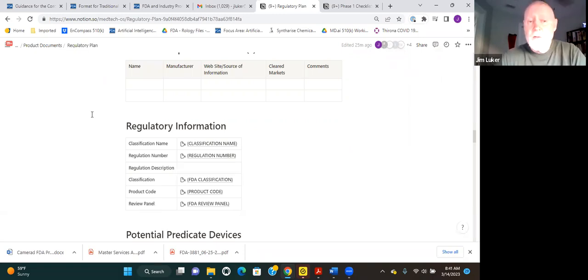So classification name is the regulatory classification, a picture archiving and communication system, or just the name that the regulation would have. There's a number associated with it. FDA has categorized devices into quite a few different subsections, and there's a regulation number.